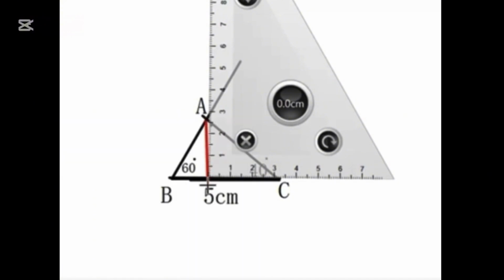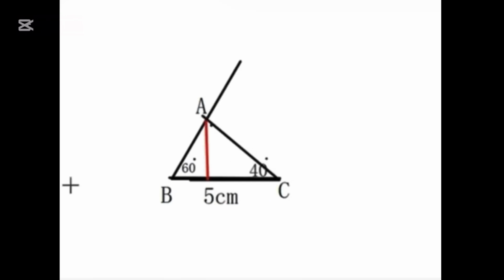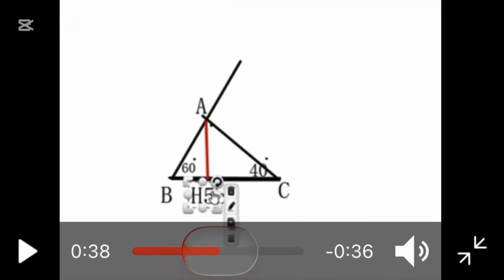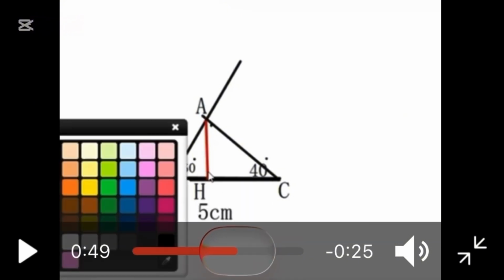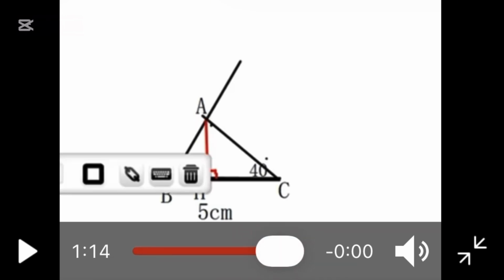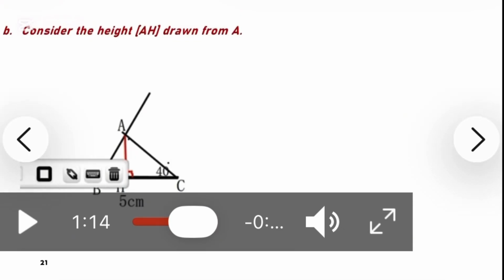So we draw the line and we name it. So the height is AH. Let's continue.